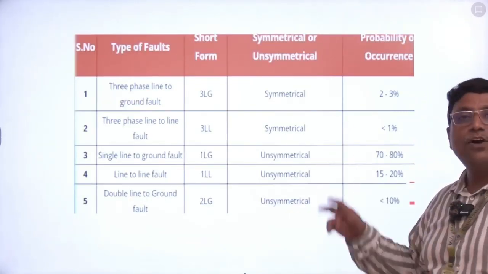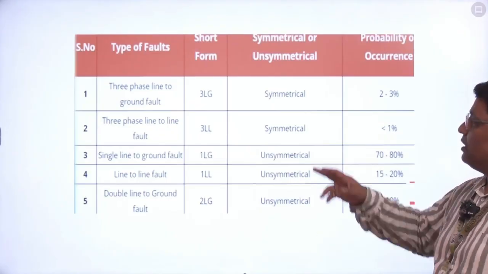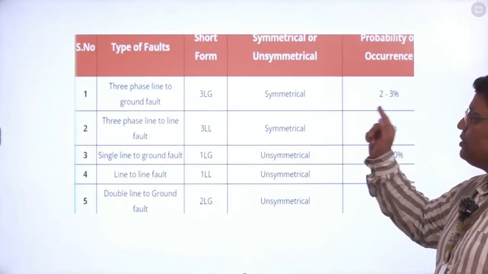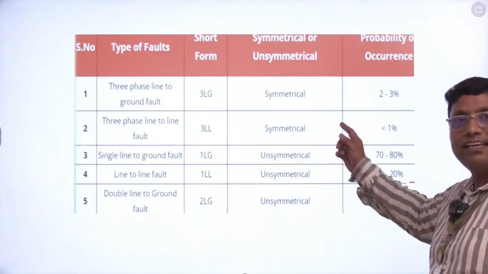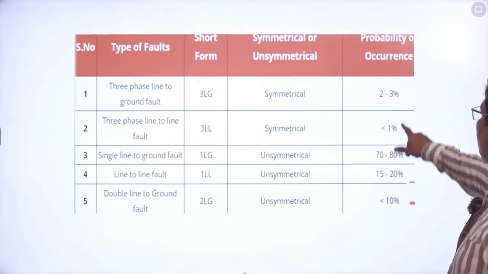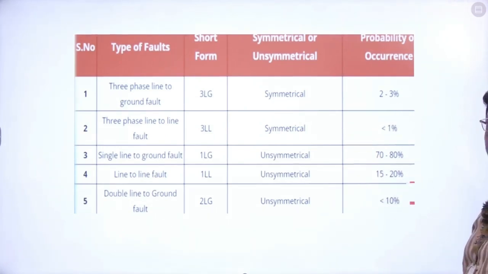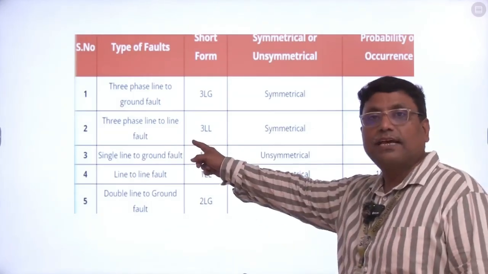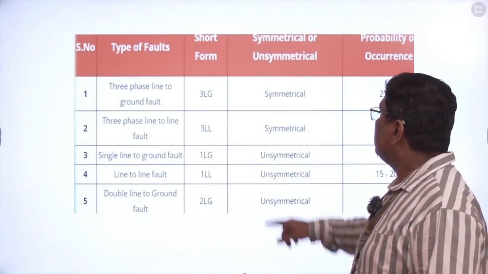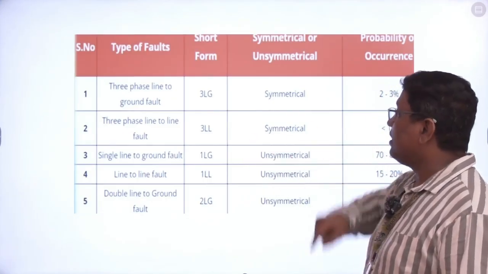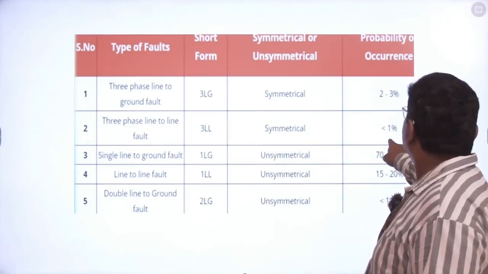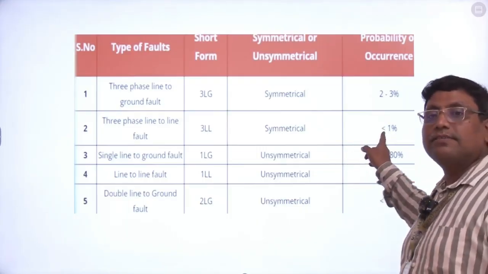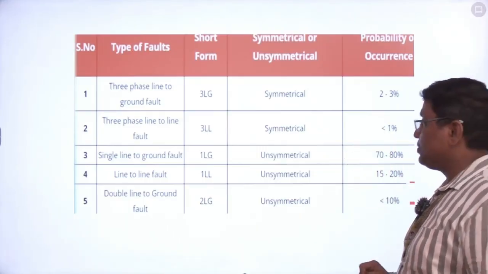And frequency of occurrence. Three-phase line to ground fault is nothing but a symmetrical type. The probability of occurrence is 2 to 3%. But in three-phase line to line fault, again it is symmetrical case. Here the probability of occurrence is less than 1%.